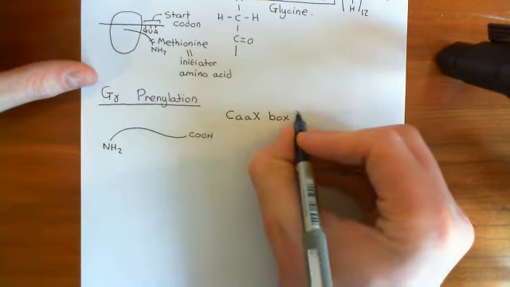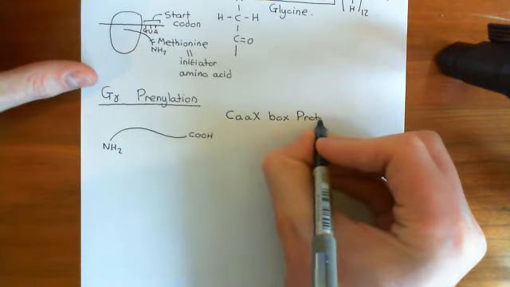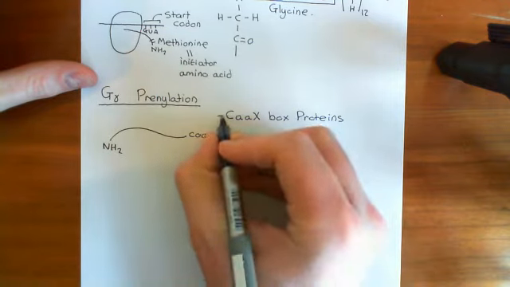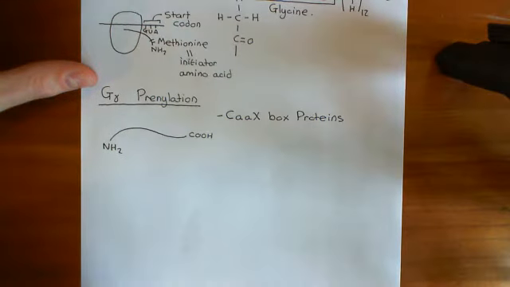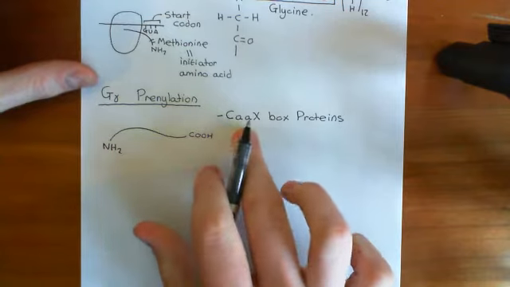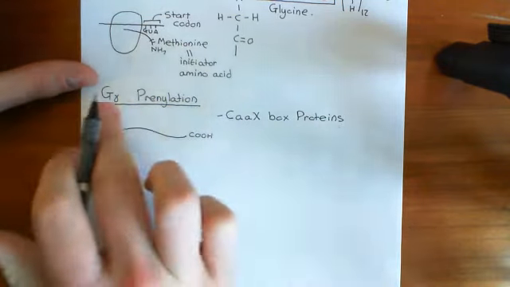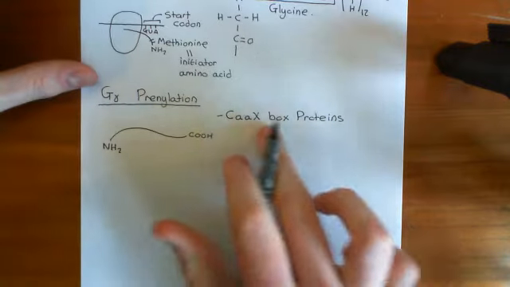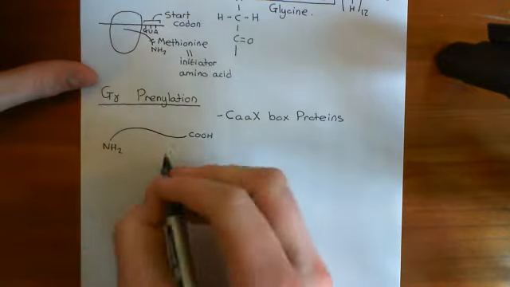And this is because they need to have something called a CAAX box at their carboxylic acid terminus. If you don't have a CAAX box, you cannot be prenylated. So only proteins that have a CAAX box are going to be prenylated. Hence, all of these G-gamma subunits must be in this family of CAAX box proteins.